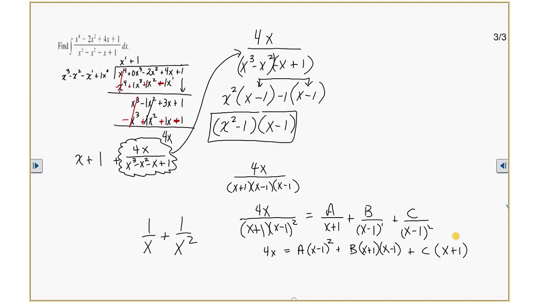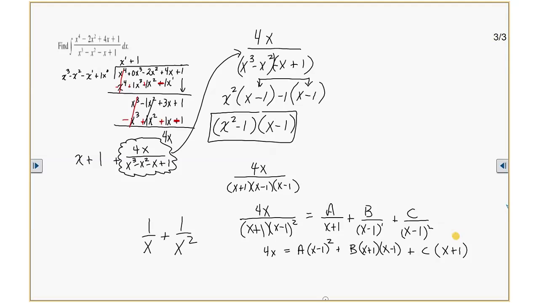So, what can I pick? Positive 1 and what? Negative 1. So, plug in positive 1 and let's see, how can I do this? If I plug in positive, you're just going to have to mentally do it because I don't want to put a bunch of marks up here.